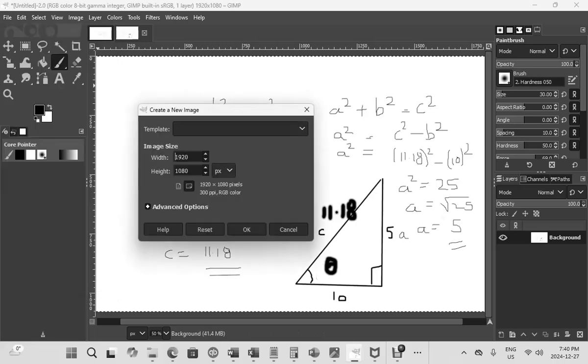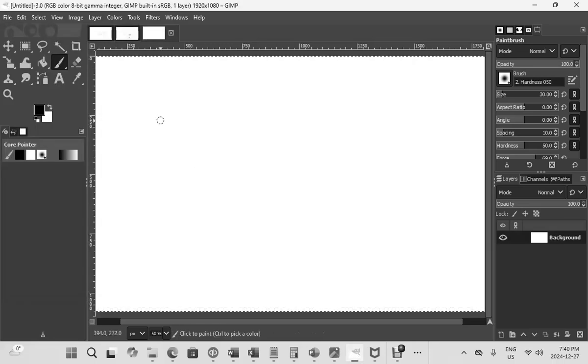So for theta, you know that opposite over hypotenuse has to do with sine theta. So sine theta equals opposite over hypotenuse.